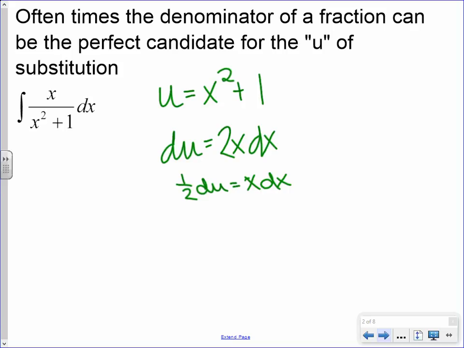Okay, so then what we can do is replace x dx with 1/2 du, and then replace x squared plus 1 with u. So now we have 1/2 the integral of 1 over u du.